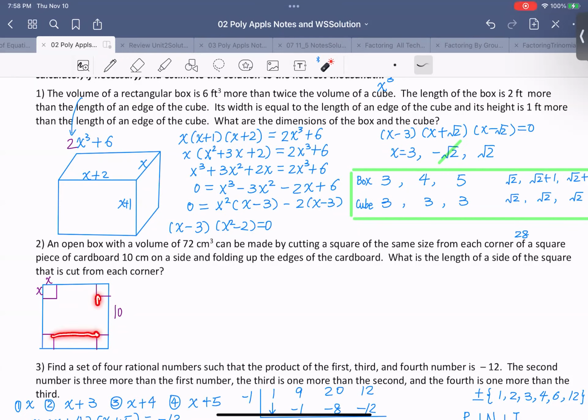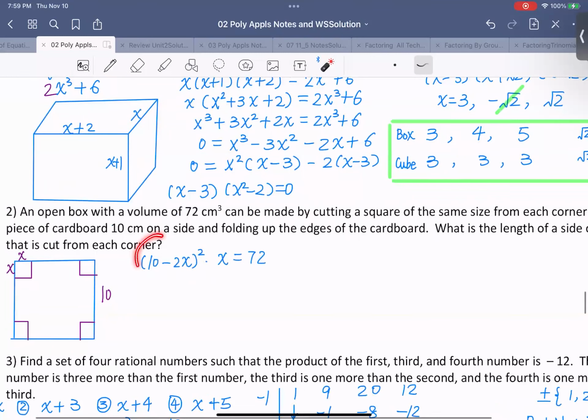So the volume is going to be (10 minus 2x) squared times x equals 72. And now let's do the completing square, please. Let's do the formula.